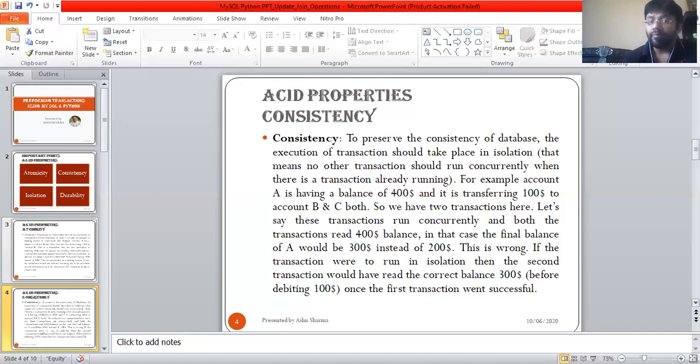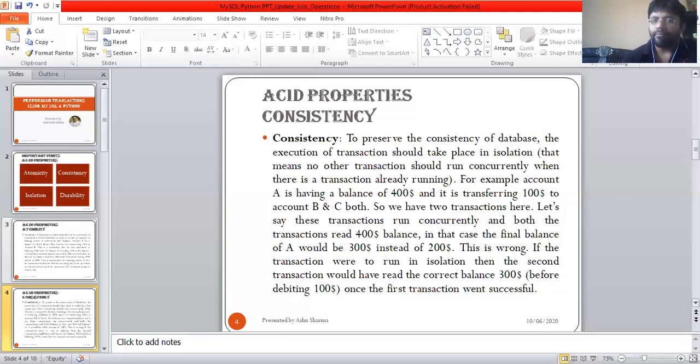It is reading that $400 initially for account A. This is wrong. If the transactions were to run in isolation, to preserve the consistency of the database, then the second transaction would have read the correct balance of $300 before debiting $100, once the first transaction was successful.